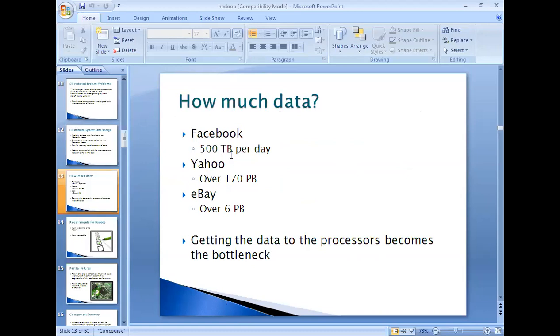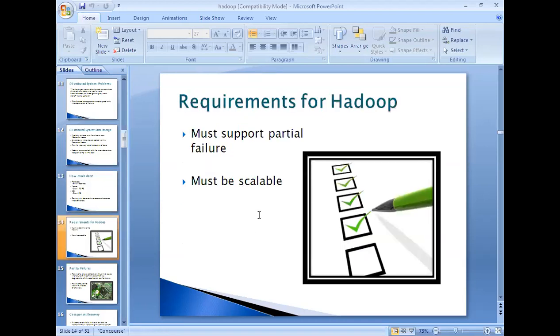Not only these, there are so many places where we can observe a huge volume of data being generated in a day. Getting the data to the processor becomes the bottleneck, right? All the information acquired and generated in a day must be processed, so we need to define a good mechanism to handle it.